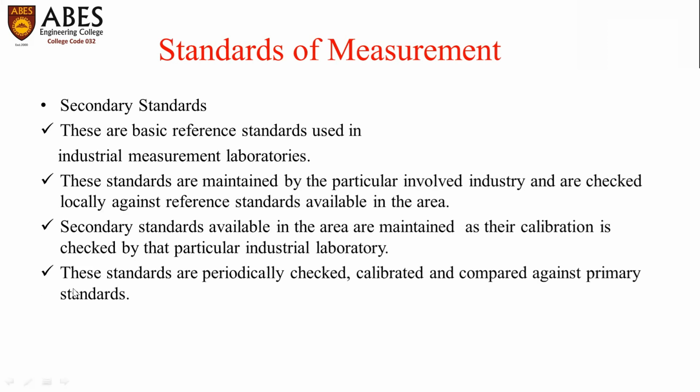So the secondary standards being followed in the industries for measurement purposes in the laboratories need to be checked completely against the primary standards, to see whether they have been followed or not, or the calibration process is also done against the primary standards. So these standards are periodically checked with the help of the primary standards, right?